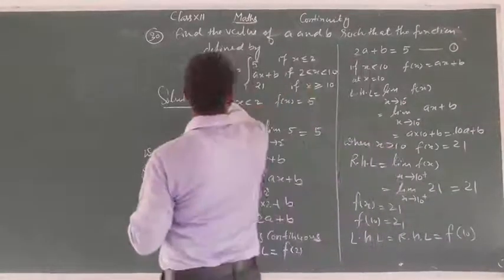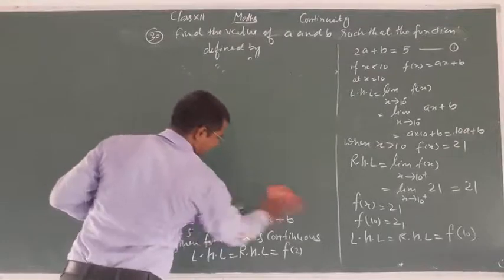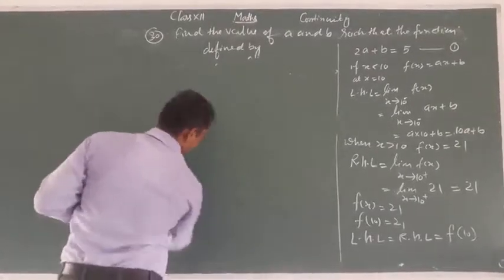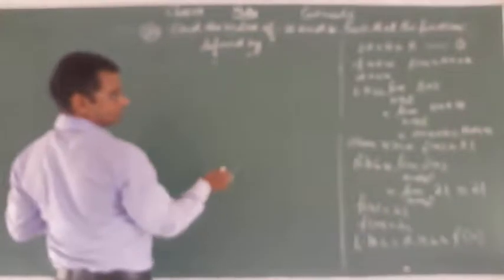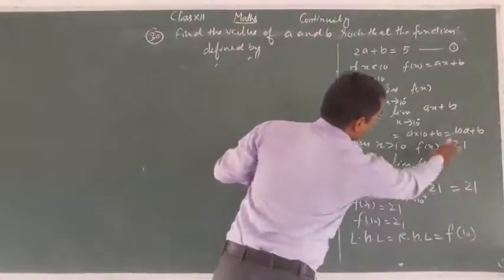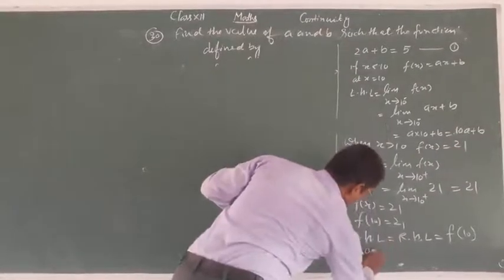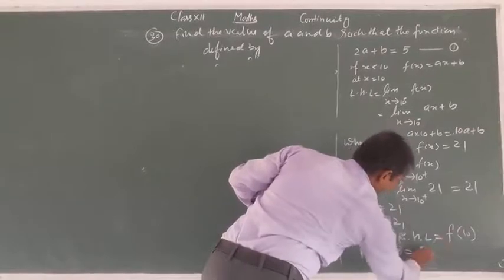Now this is equation second: 10a plus b is equal to f(10), which is 21.